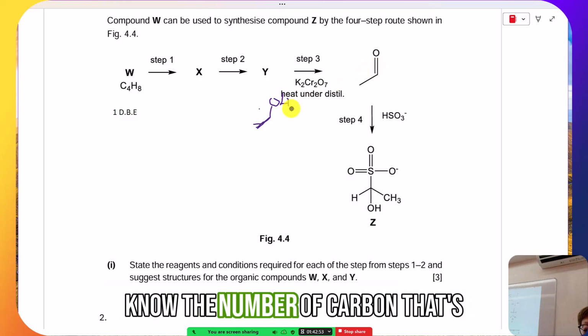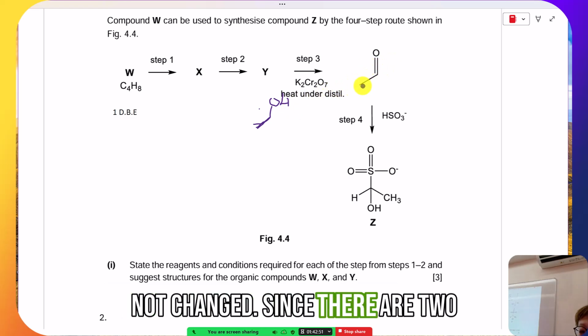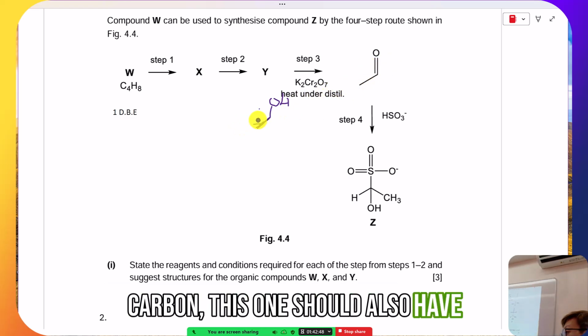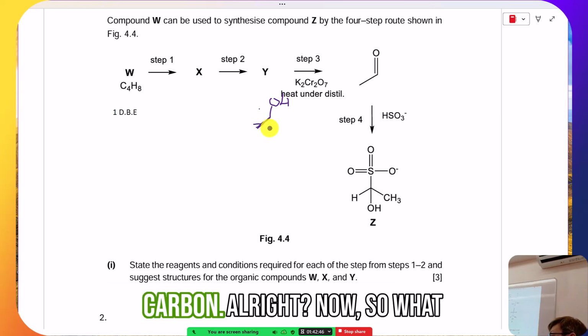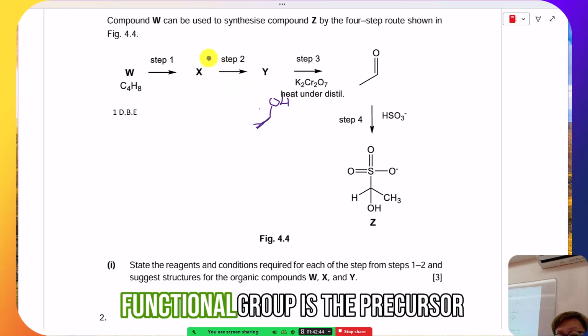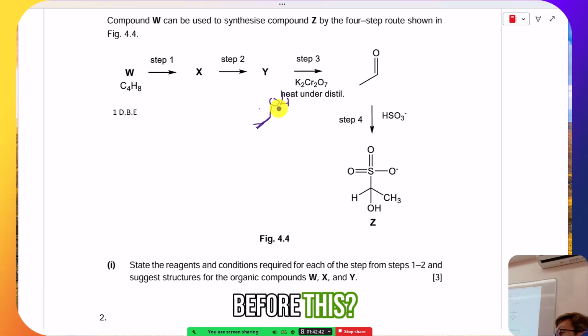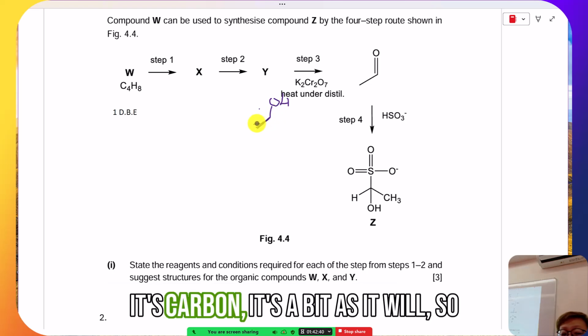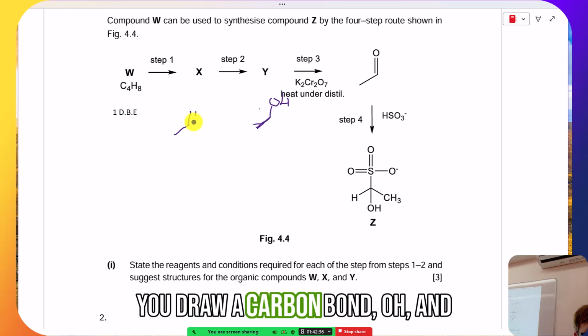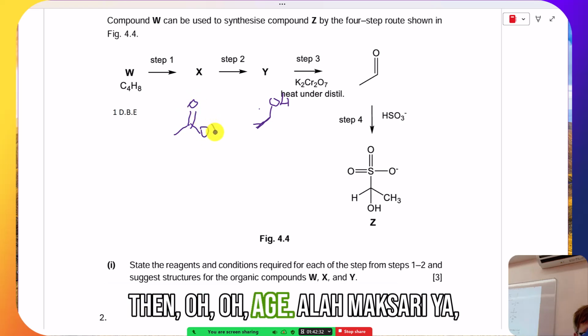I'm sure you all know the number of carbon does not change. Since there are 2 carbon, this one should also have 2 carbon, correct? So what functional group is the precursor before this? It's carboxylic acid. Well done. So you draw a double bond O and then an OH.